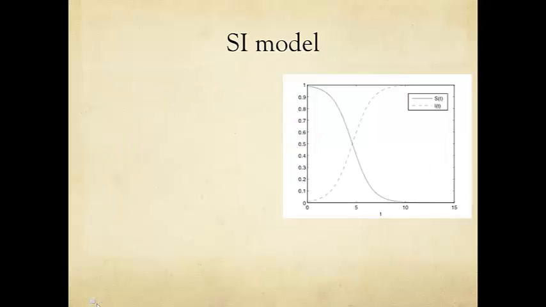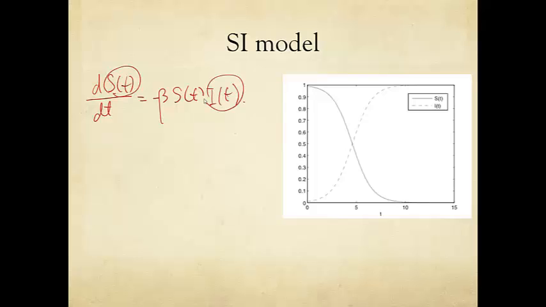And therefore, the differential equation we'll write down is dS(t)/dt = -beta S(t) I(t). Again, S(t) and I(t) are the susceptible and infected percentage of the population at time t, continuous time, so that we can use differential equation and integration to solve the model.